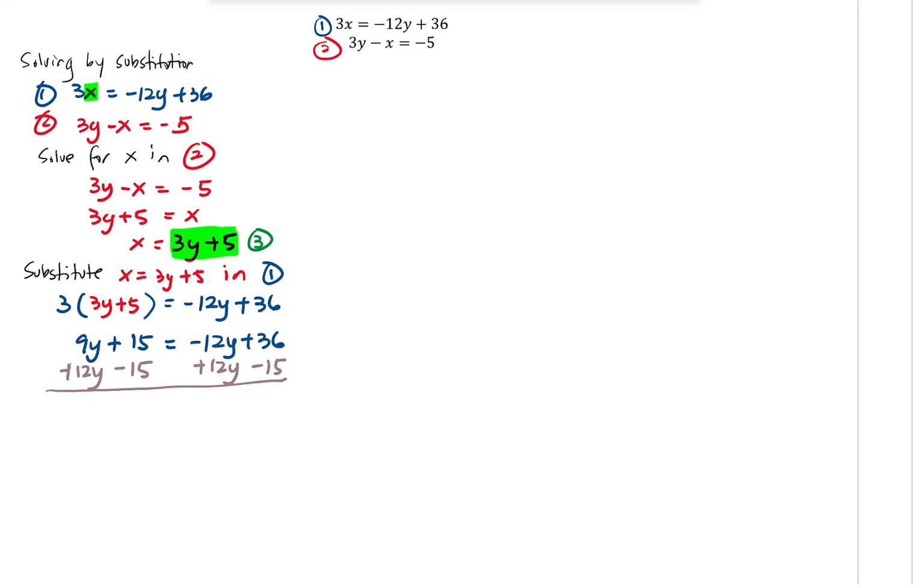This would be 21y, this is 0, this would be 0, and this would be 36 minus 15 is 21. Let's divide both sides by 21 so we could solve for y. So y is equal to 1.